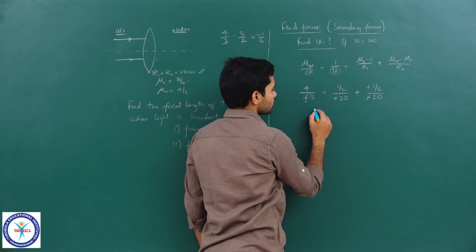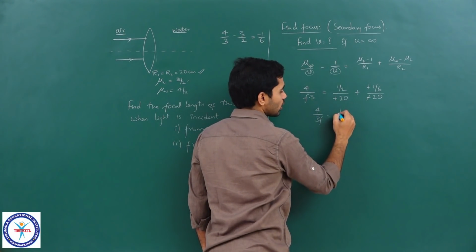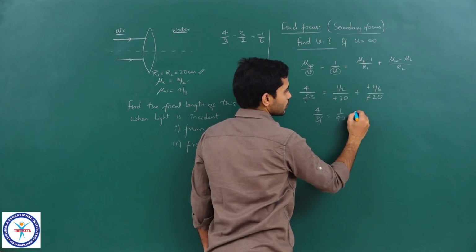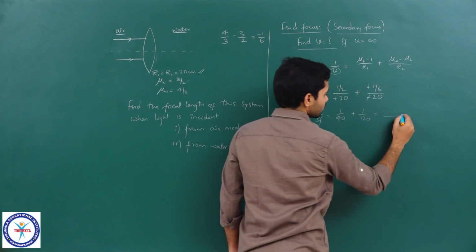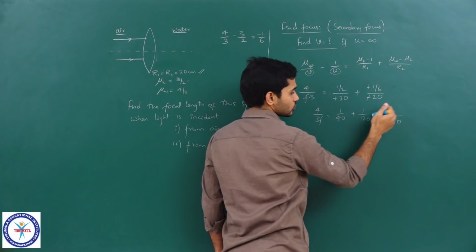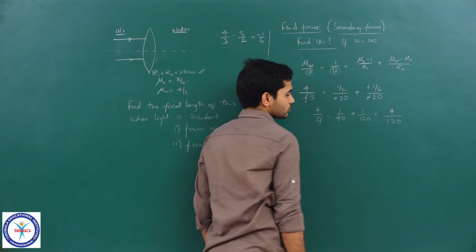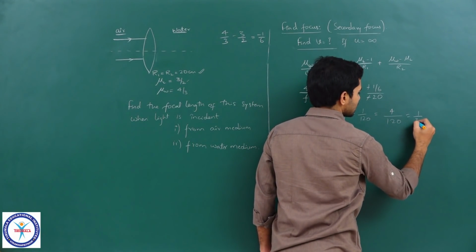This is 4 by 3F is equal to 1 by 40 plus 1 by 120. If I take the LCM, which is 120, 3 by 120 plus 1 by 120 is 4 by 120, which means 1 by 30. So, this is equal to 1 by 30.